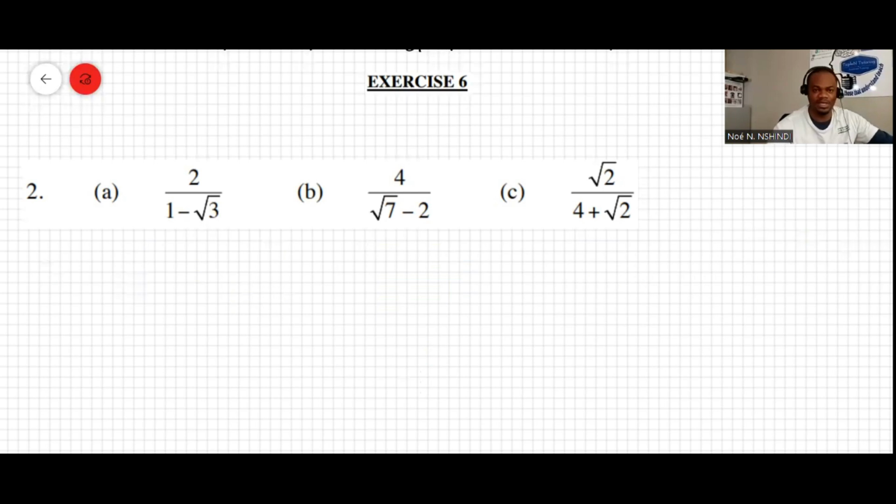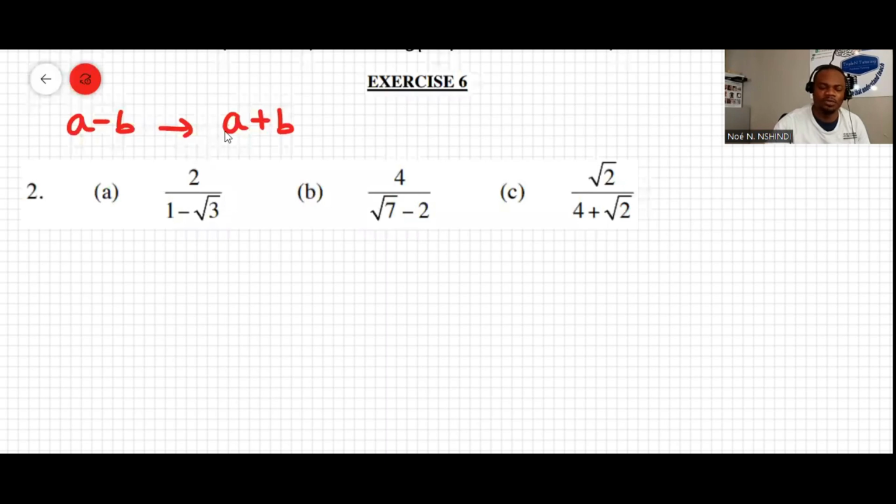So it's not really the way of solving this problem. In this case, when we have like terms at the denominator, we can multiply by the reciprocal. What do I mean by reciprocal? If I have A minus B, the reciprocal of A minus B is A plus B. I call it that, but I guess it's not really the reciprocal.